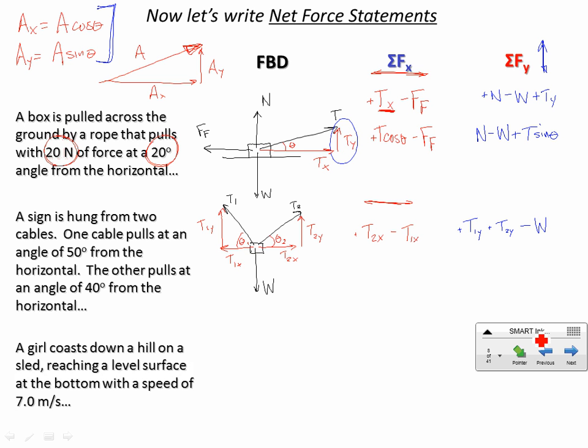So we can say that T2x is T2 cosine theta 2. And T1x is T1 cosine theta 1. I gotta hurry. The bell. T1y is T1 sine theta 1. T2y is T2 sine theta 2 minus W. Okay?